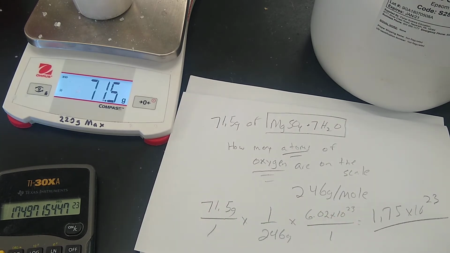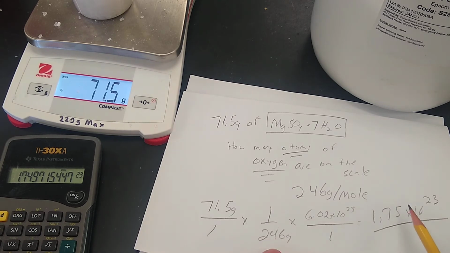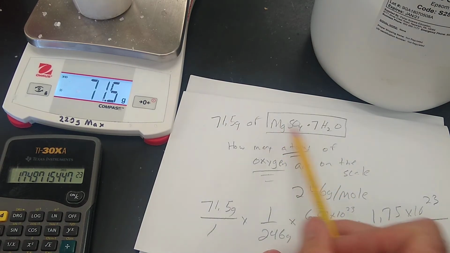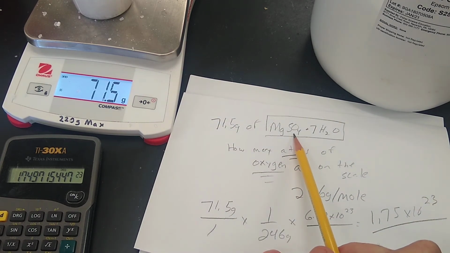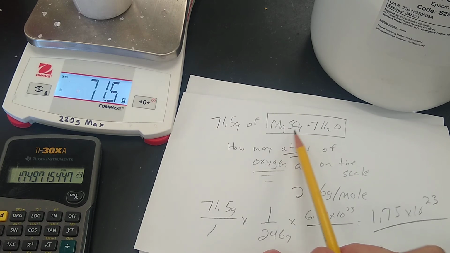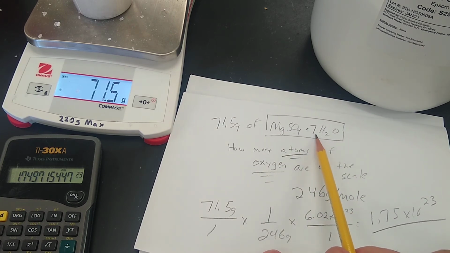All right. Now, very simply, if we have 1.75 times 10 to the 23rd of these, how many oxygen atoms are there? Okay, now this one's a little bit trickier, and I didn't mean for it to be. How many oxygen atoms are here? 4. And how many oxygen atoms are here? 7.